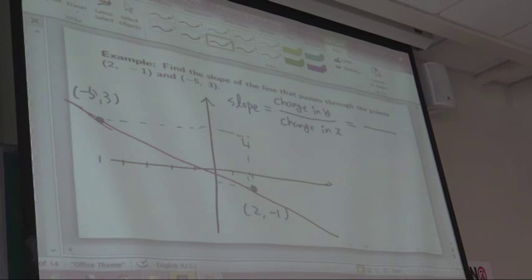Let's think about the arrow this way: x is increasing, but y is decreasing. So x changes from -5 to 2. How much does it change? 7. How can I get 7? It is 2 minus -5. That's 7.